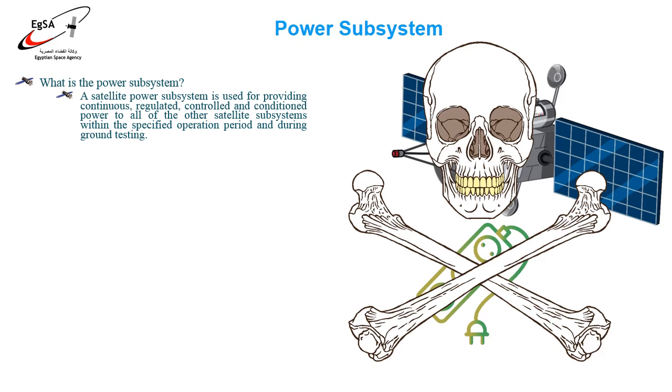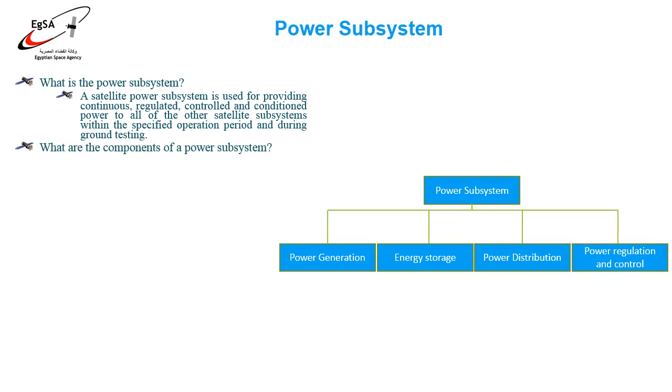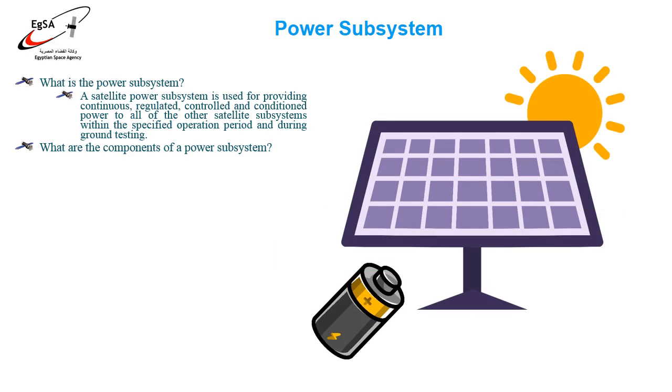What are the components of a power subsystem? As shown in the diagram, a power subsystem consists of four main blocks: the power generation, the energy storage, the power distribution, and finally, the power regulation and control. Solar arrays are the primary source of the generated power in a satellite. The excess energy compared to the load requirements is stored in rechargeable batteries.